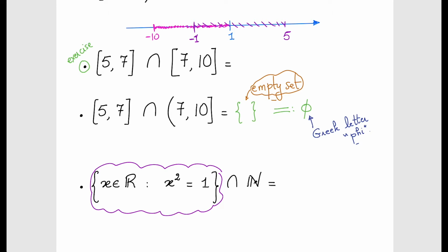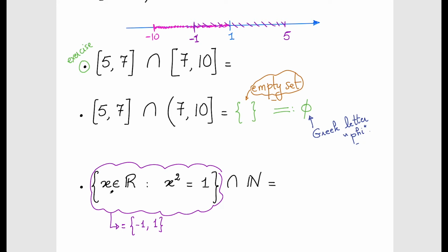So 1, 2, 3, 4, etc. How about this purple thing? Let's understand the membership of the set. The membership is, they should be real numbers, but once you square them, you get 1. What are the real numbers so that if you square them, you get 1? There are two guys, 1 and -1. Correct? So this set is simply -1 and 1.